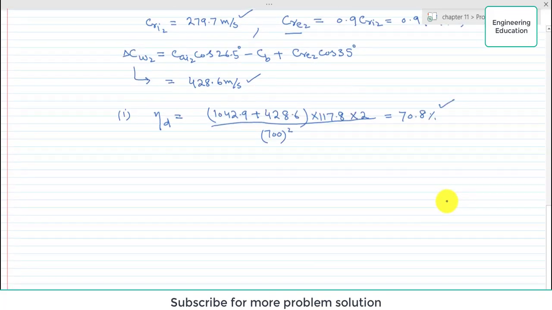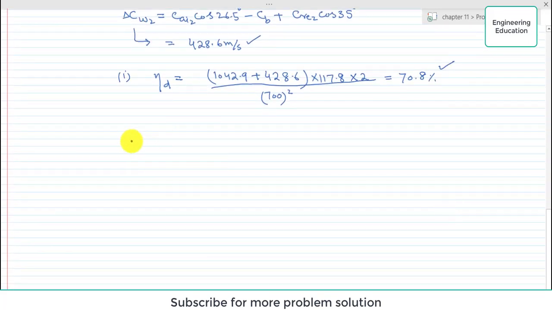Now to find the value of stage efficiency, so stage efficiency is nothing but it is the ratio of work output divided by the enthalpy drop, which is H1 minus H2S in this case.